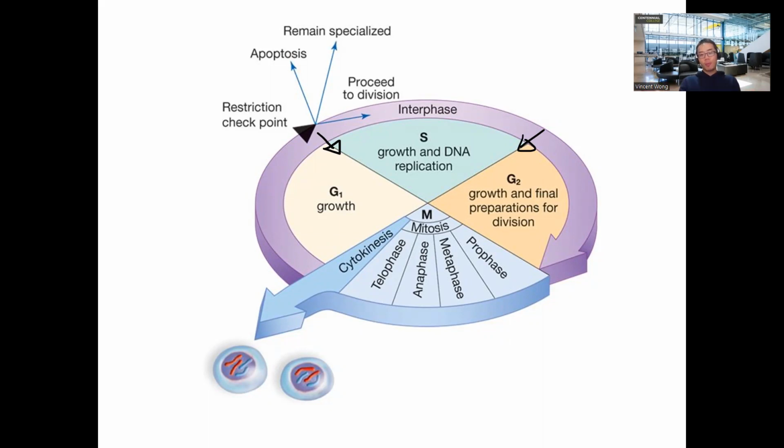Did you do a good job copying it? If everything's okay, then it's able to proceed to finish the final preparation for division. Then you go into mitosis and you end up with 2 cells. If along the way a cell fails checkpoint 1 or checkpoint 2, it will not be permitted to go on to mitosis. More on that later.